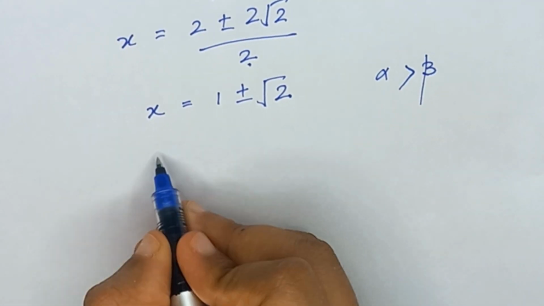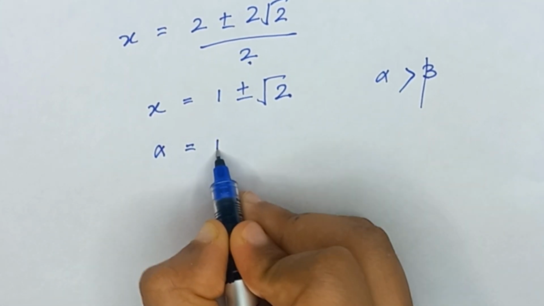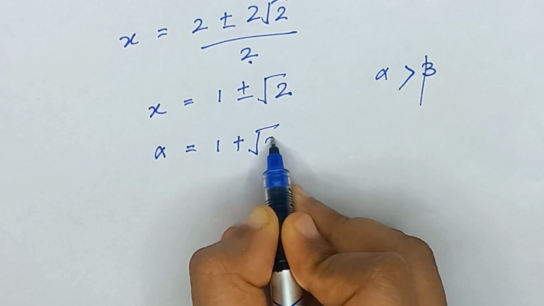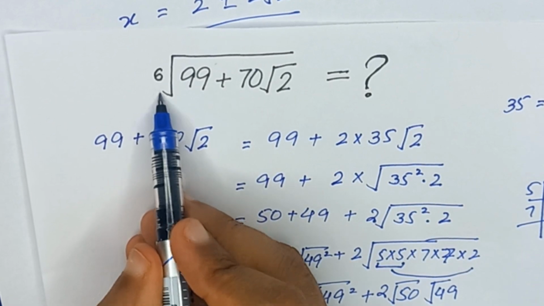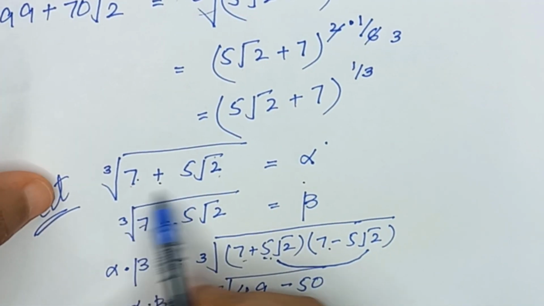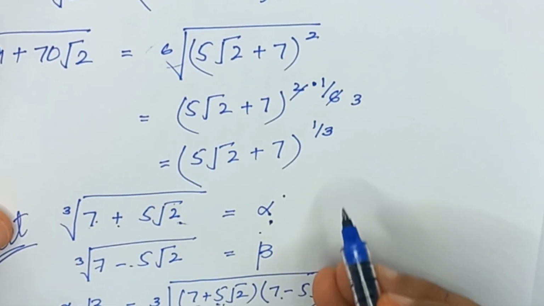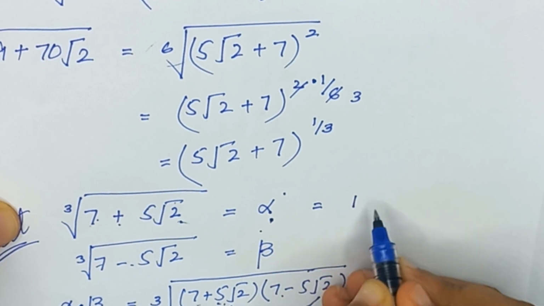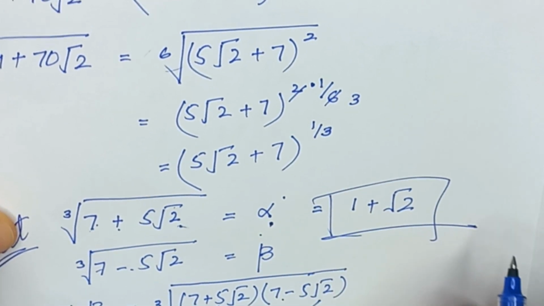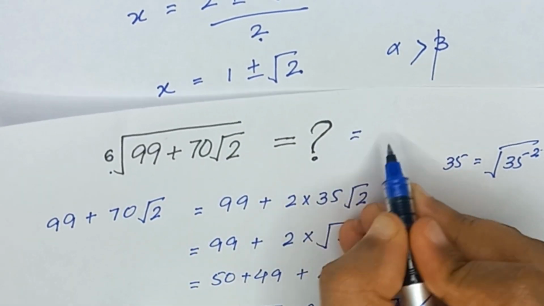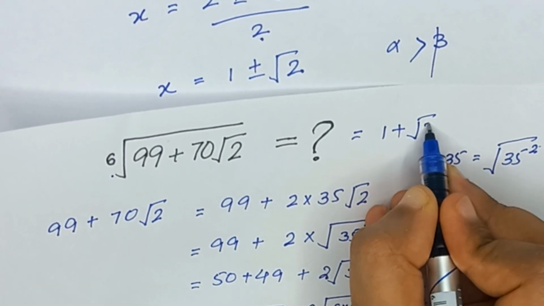That means alpha will be equal to 1 plus square root of 2. That means this given expression is equal to alpha, and it is equal to 1 plus square root of 2.